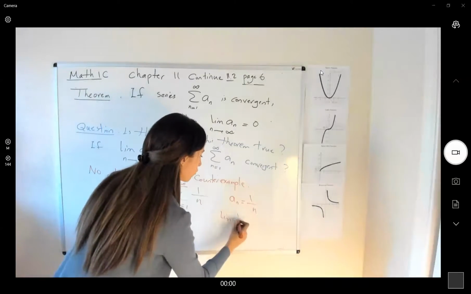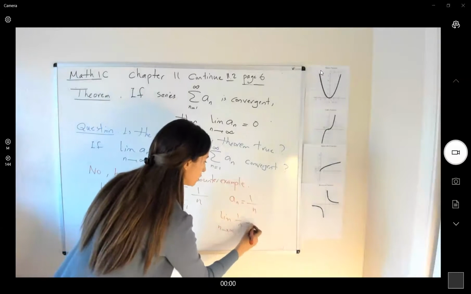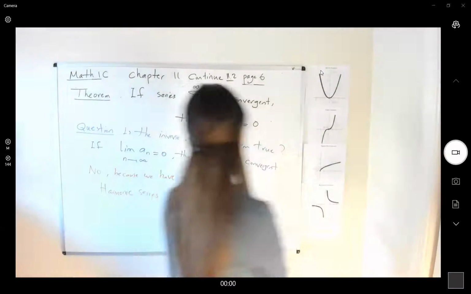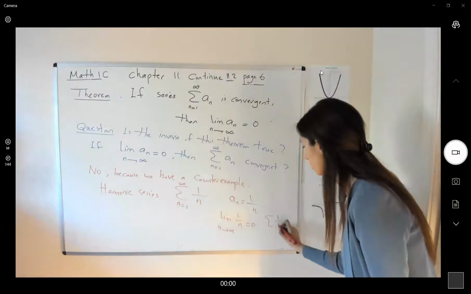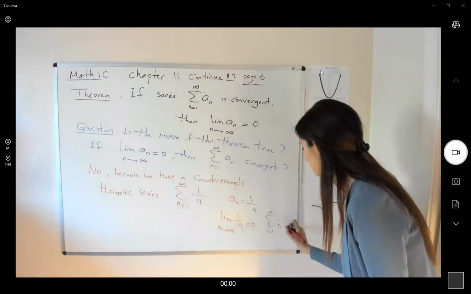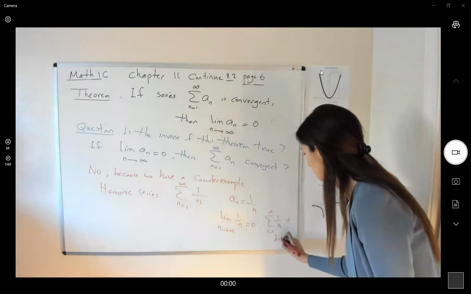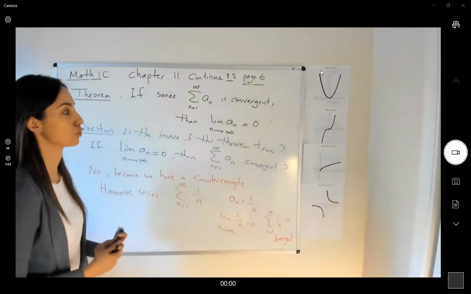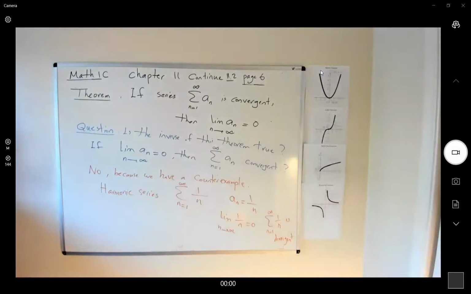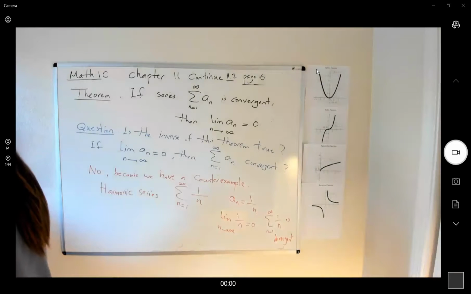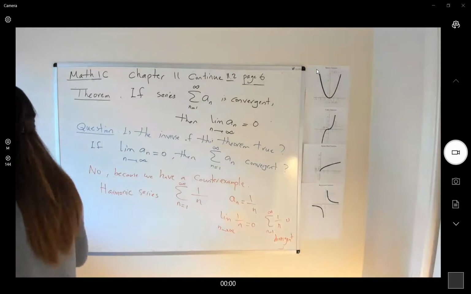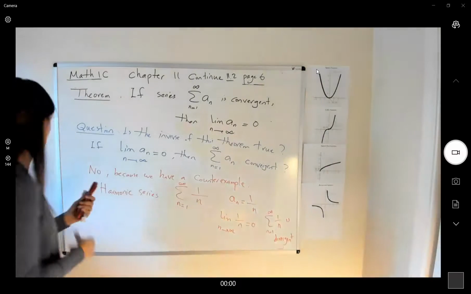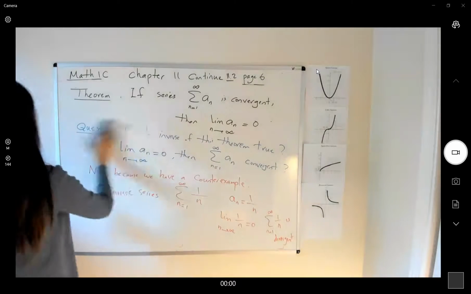The limit of 1 over n as n goes to infinity is equal to 0, but we saw that the series is divergent. So the inverse is not true. Conclusion.